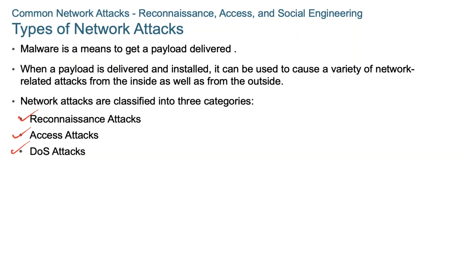By categorizing network attacks, it is possible to address types of attacks rather than individual attacks. Although there is no standardized way of categorizing network attacks, the method used for our course includes three different categories: reconnaissance attack, access attack, and denial of service attack.